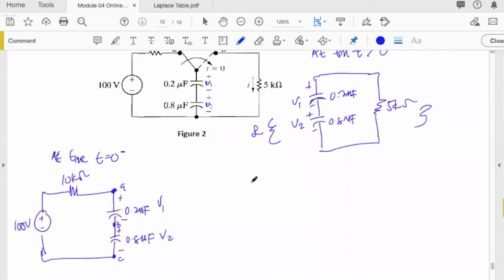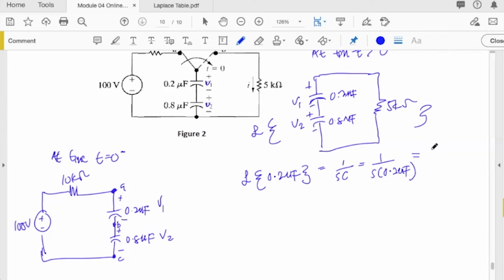Okay, so if we apply Laplace transform for 0.2 microfarad, we will get 1 over SC, 1 over S times 0.2 microfarad.